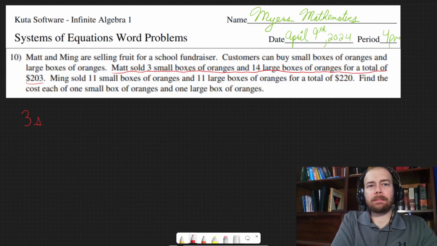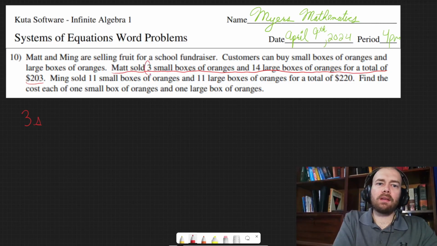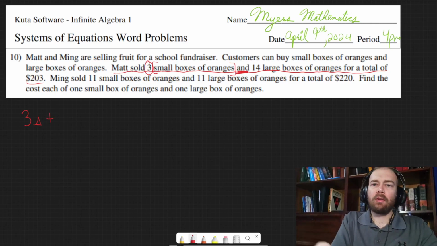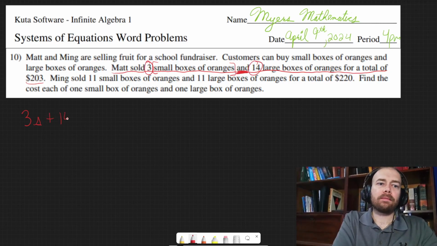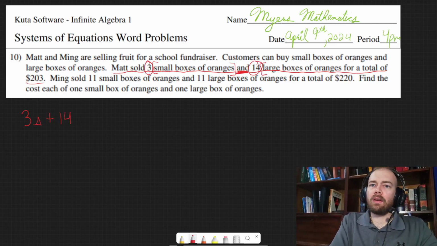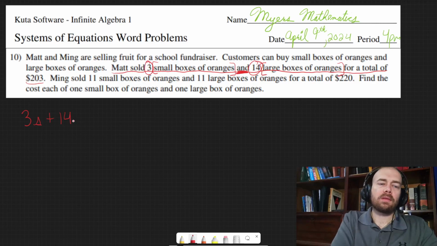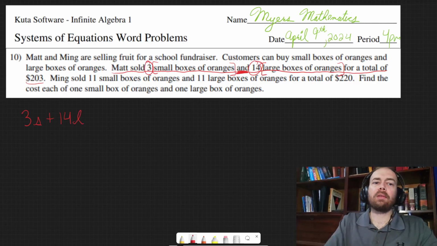So 3S, 3 small boxes of oranges, and means plus 14L, the large boxes of oranges, lowercase l, for a total of.